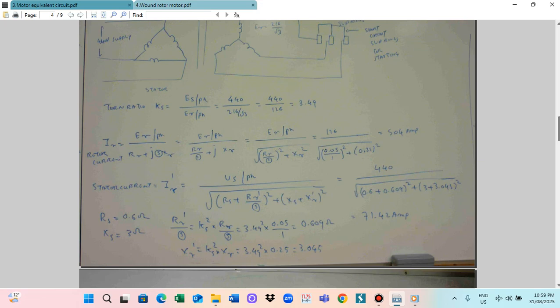The slip is 1, because this motor is at a standstill condition. Standstill means that before the motor starts, when you put the supply on this slip ring motor, you need to short circuit the slip rings.